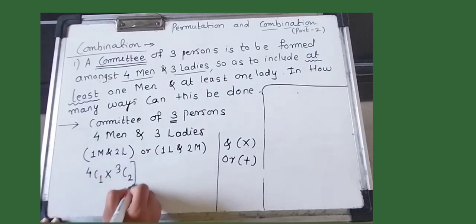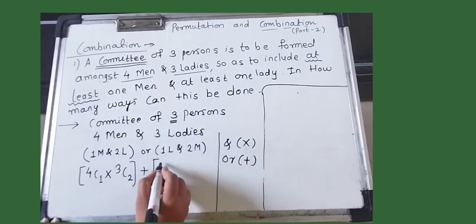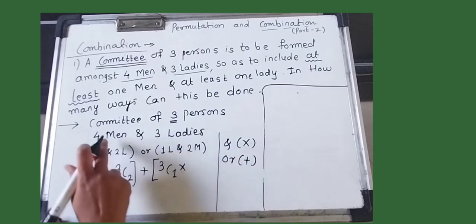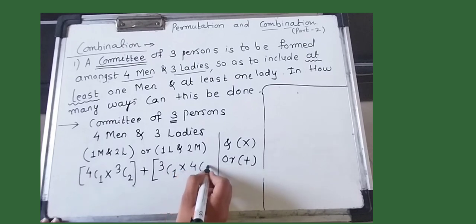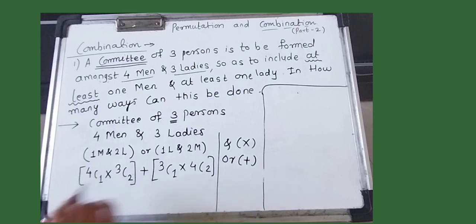What does "or" mean here? Plus. 1 lady from 3C1 into 2 men from 4C2. Now solve this by using the formula and find out.